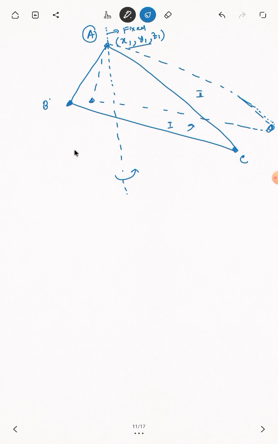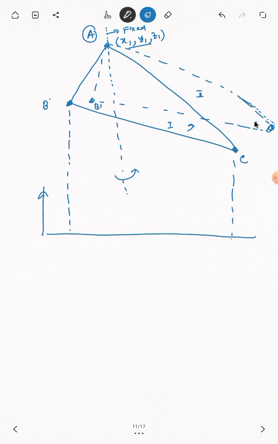But what will be the beauty? If we fix a particular axis here and measure the z axis upwards, then B and C will go to B dashed and C dashed, say, but their vertical heights from the base, that means this fixed line, will be the same.